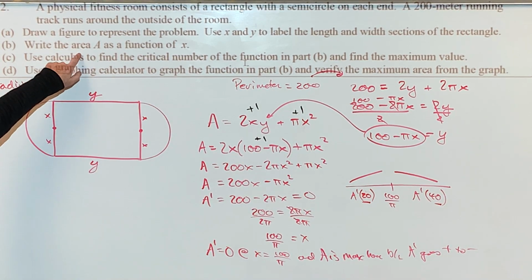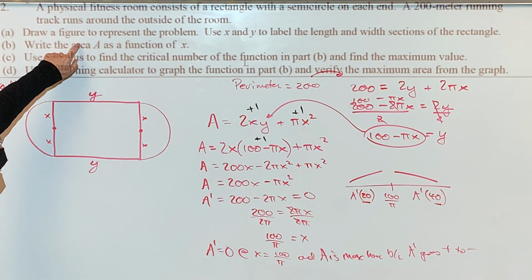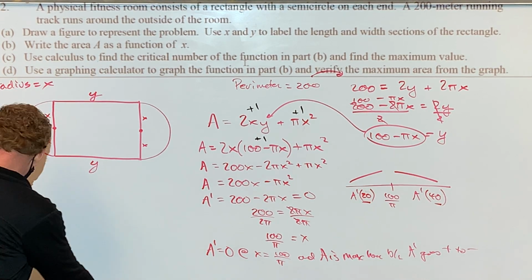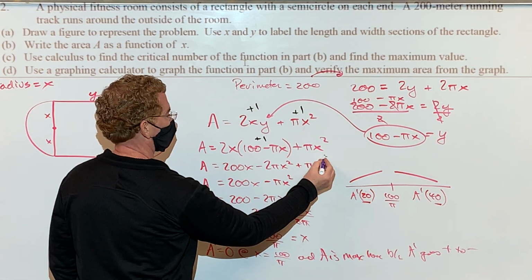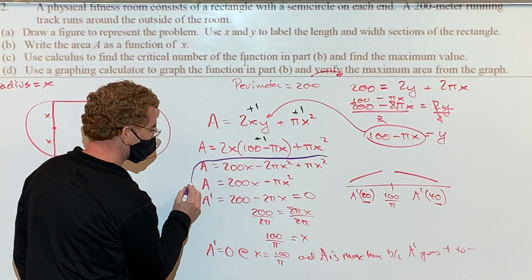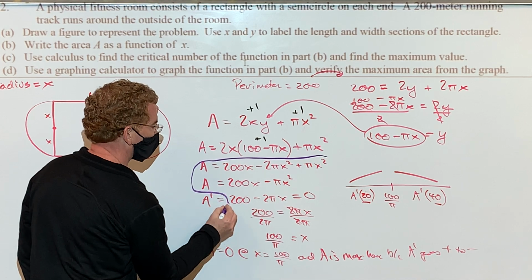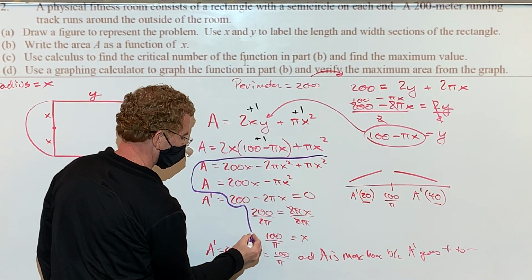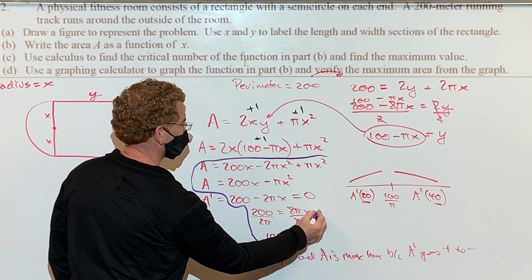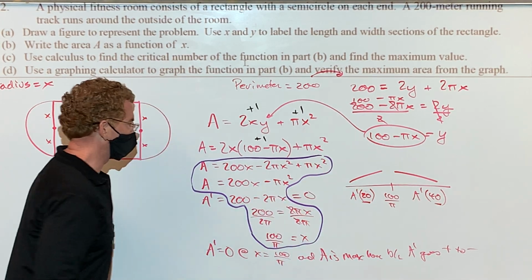And I could use calculus to find the same thing. The only difference, if I was using calculus, everything I circle in purple wouldn't be here. Like all of this right here wouldn't be here.